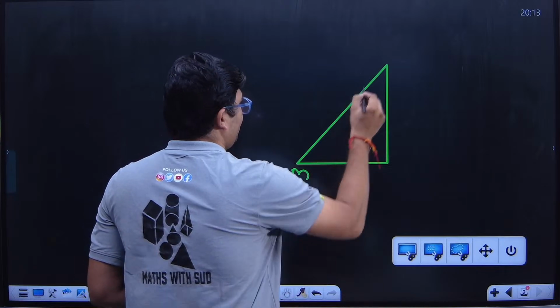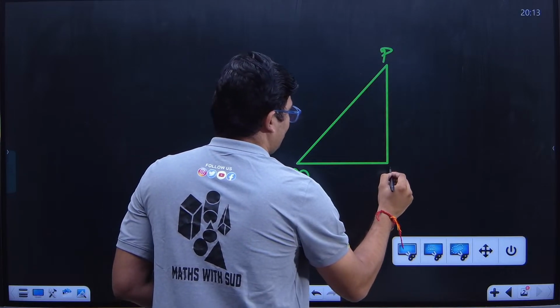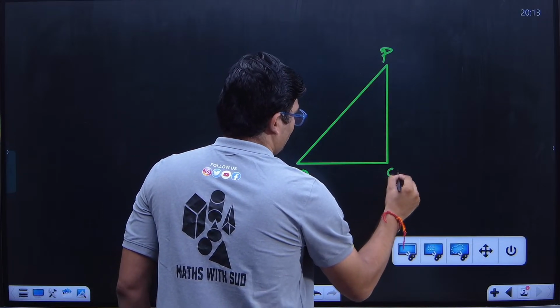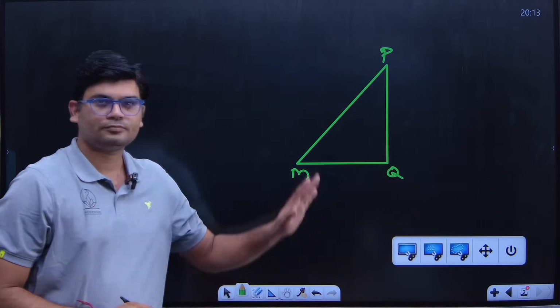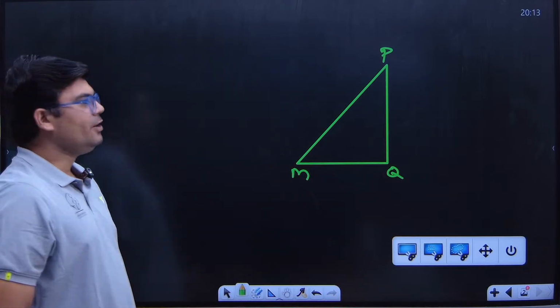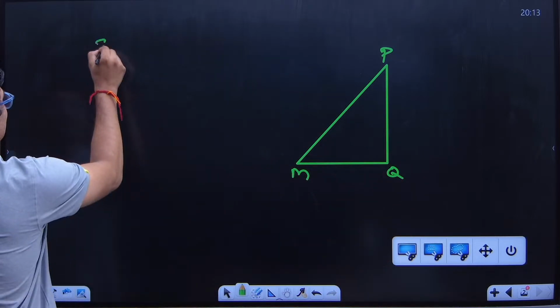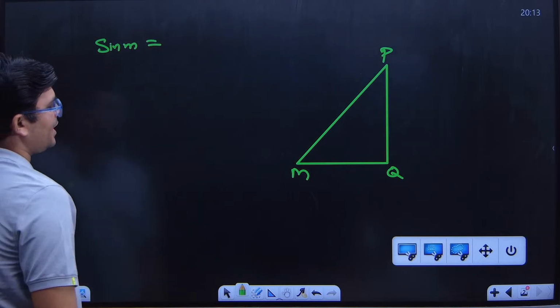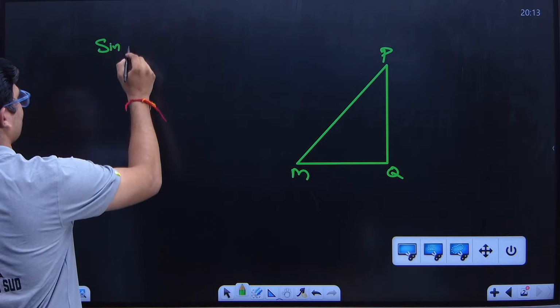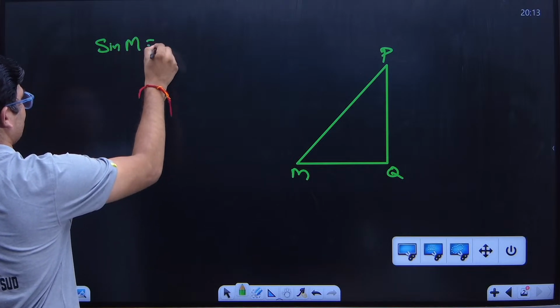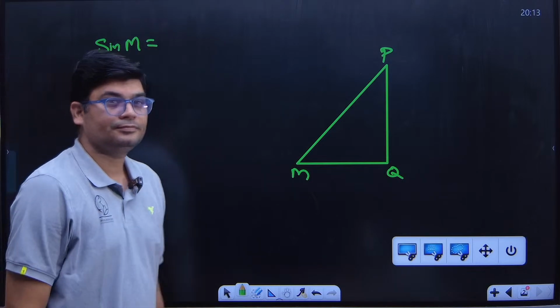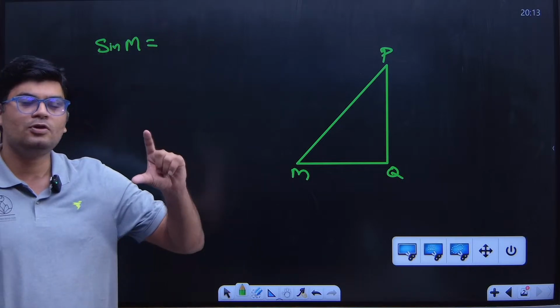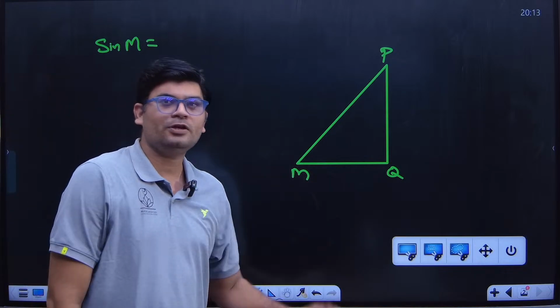Okay, so I am naming the triangle like this: MPQ. Can you tell me what is sine M? You have to name the side.